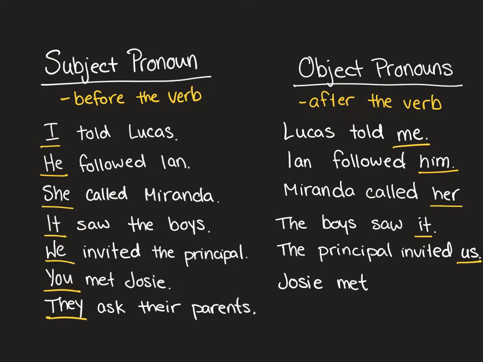You met Josie, Josie met you. This is one of the 2 examples where the subject pronoun and the object pronoun are the same. The last example, they asked their parents, becomes their parents asked them. So them is the object pronoun for they.